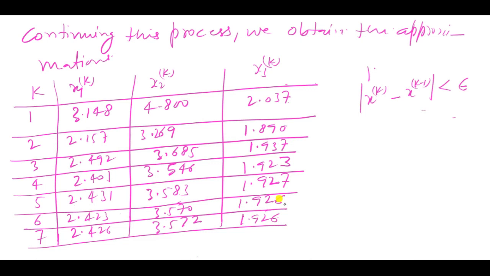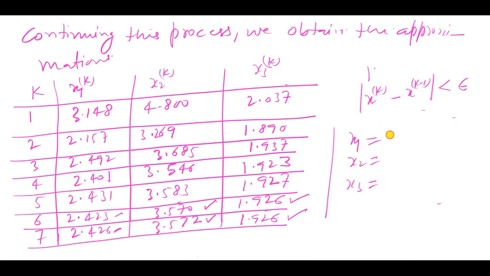In the 6th and 7th approximations, both x3 values are equal, x2 values are approximately the same, and x1 values are approximately the same. So the procedure stops.